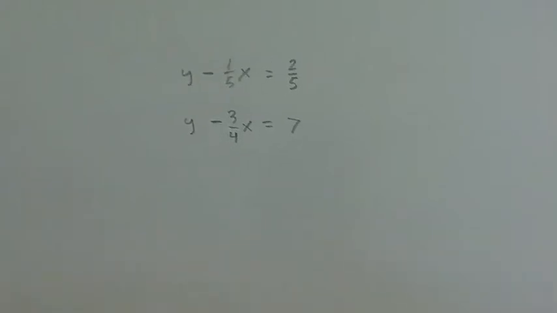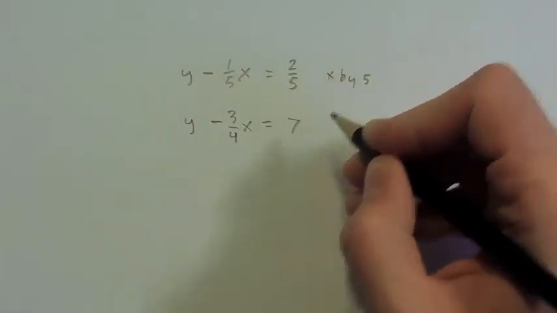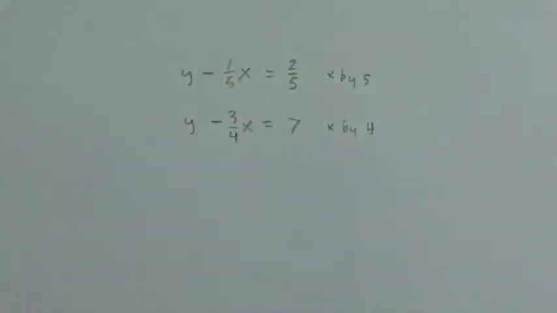Say we have y minus 1/5 x is equal to 2/5, and y minus 3/4 x is equal to 7. Alright, in this case, we already want to get rid of our fractions by multiplying by something that will get rid of them. So we're already going to multiply, say, this equation by 5 and this equation by 4.